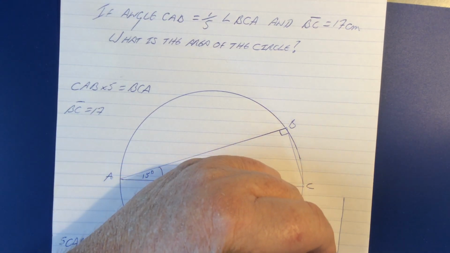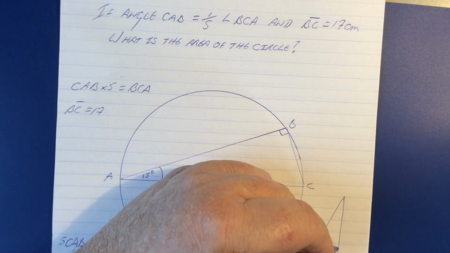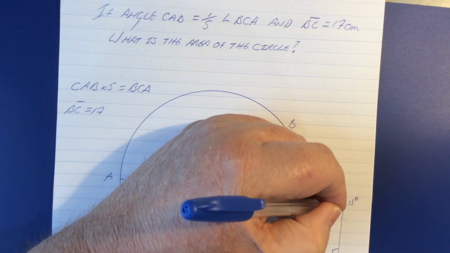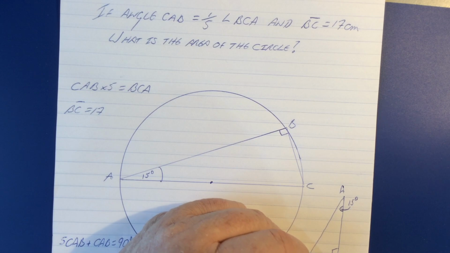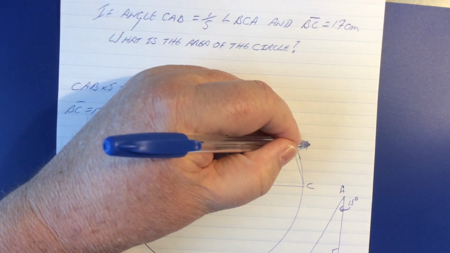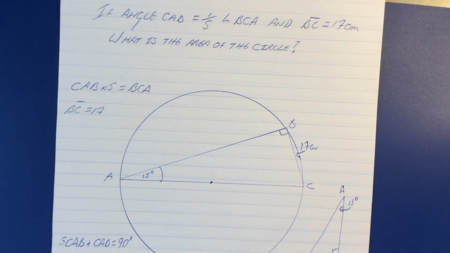Let's just draw this triangle in a way in which it will be helpful to us. So that is A, and that is 15 degrees up there. This is 17 centimeters here, so I'll just note that. And we are looking for this, the line from A to C, the hypotenuse of this triangle.